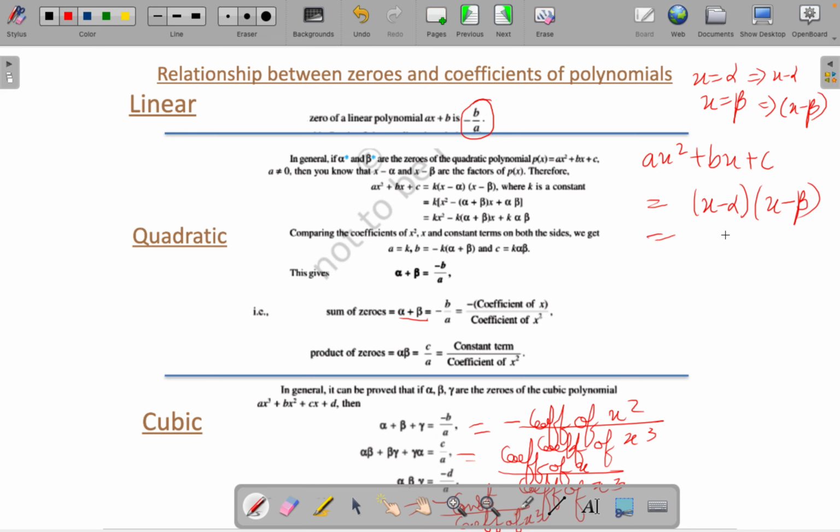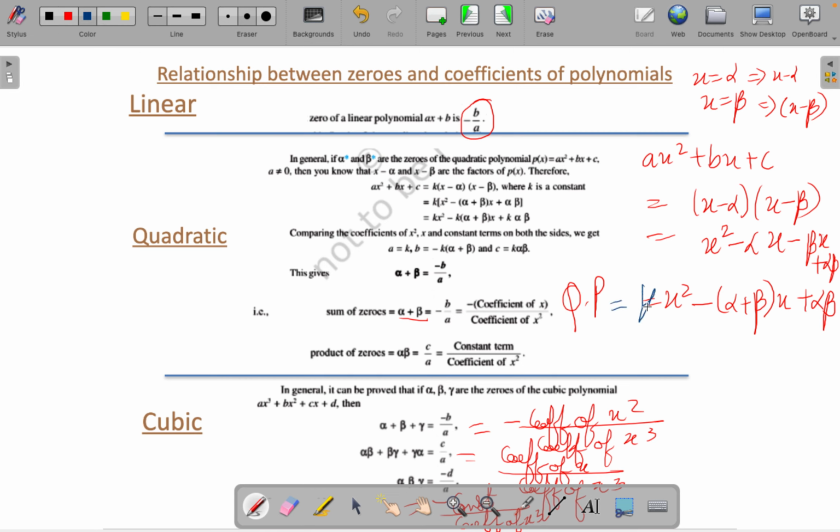Just open this, children. So what will you get? X square minus alpha x minus beta x plus alpha beta. So can I say x square minus alpha plus beta into x plus alpha beta is a quadratic polynomial which is formed? And I will tell you what is the significance of this k.